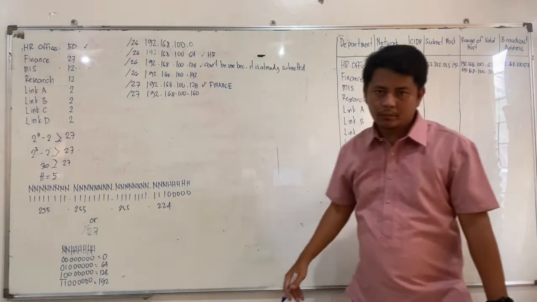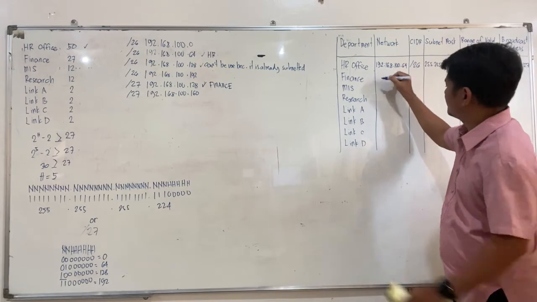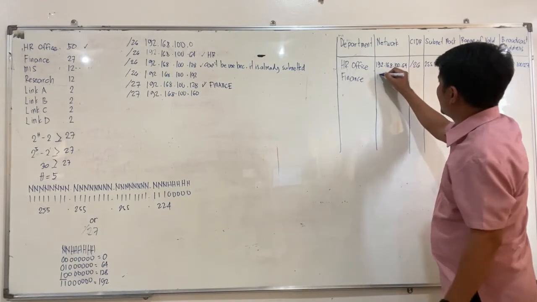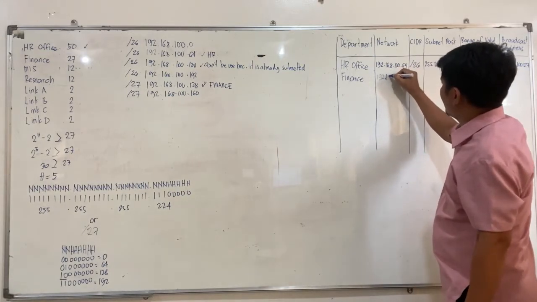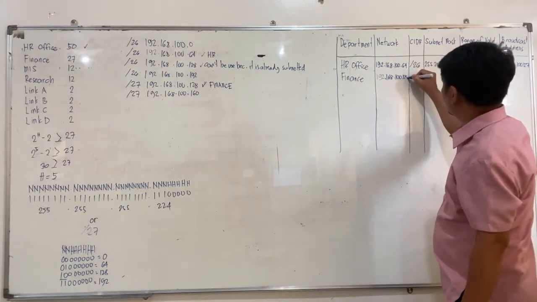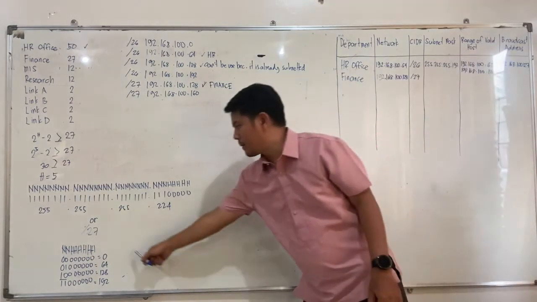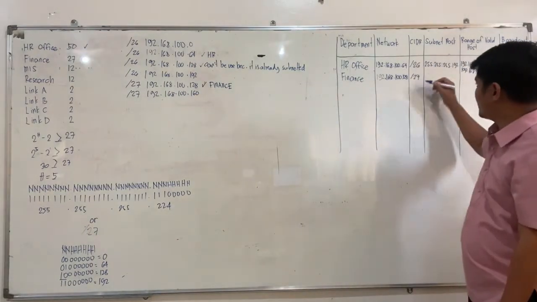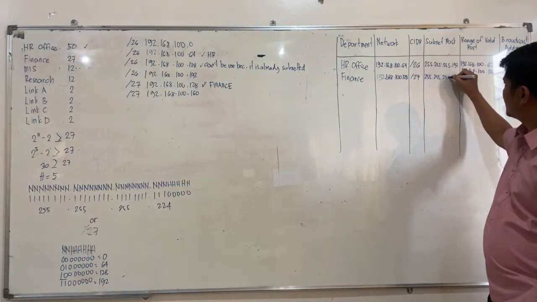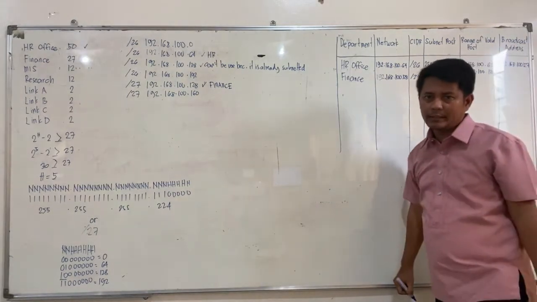Okay, so back in our IP plan, finance office, we have 192.168.100.128 slash 27. Okay, slash 27. And the subnet mask value 255.255.255.224. Okay, 224.